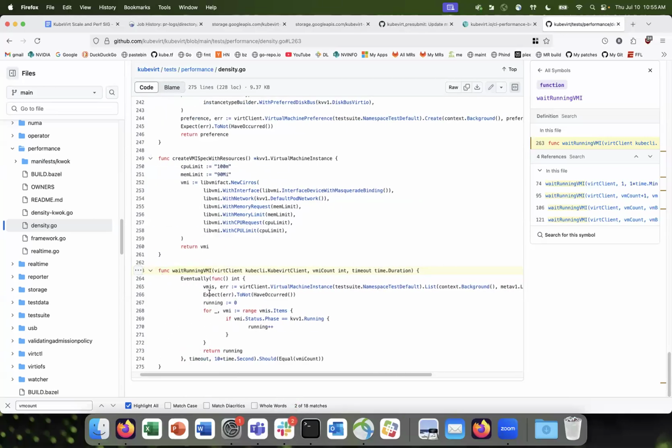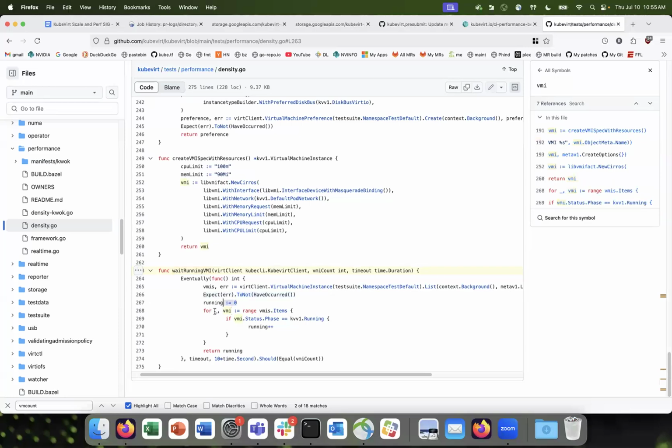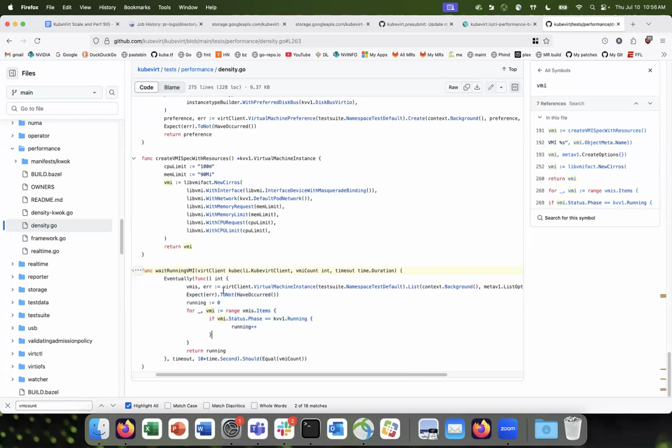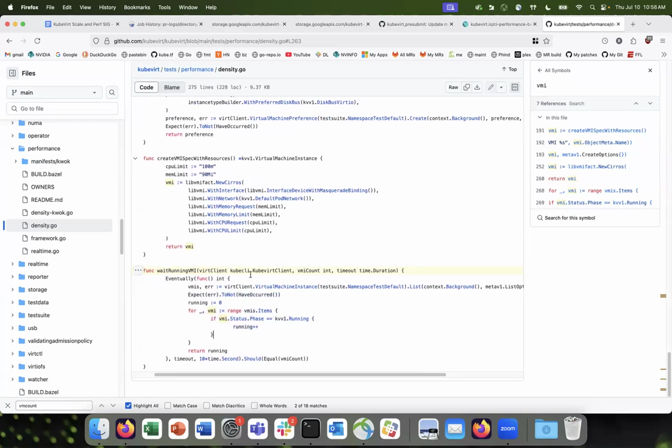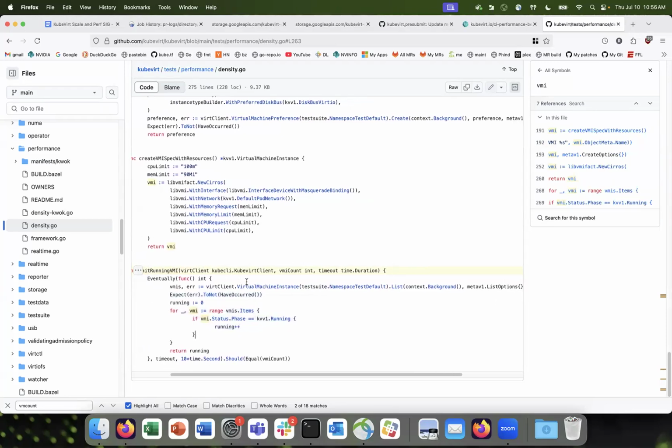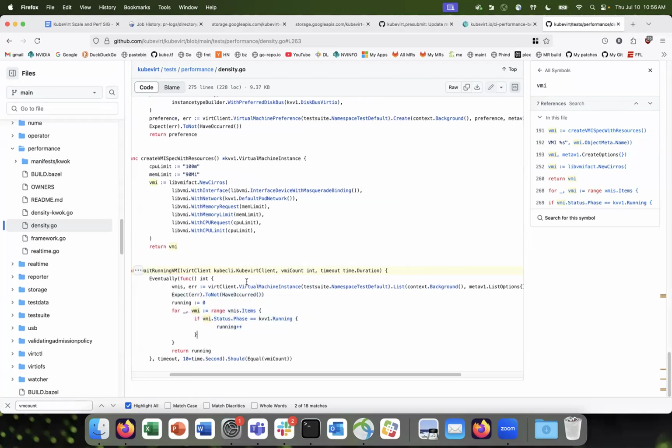Eventually, expect an error to not have occurred. So what does it do? It gets a VM, so it's given a VM object, it gets it, expects there to be no error getting it.